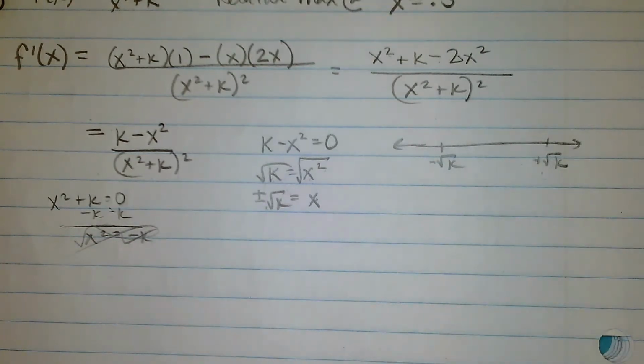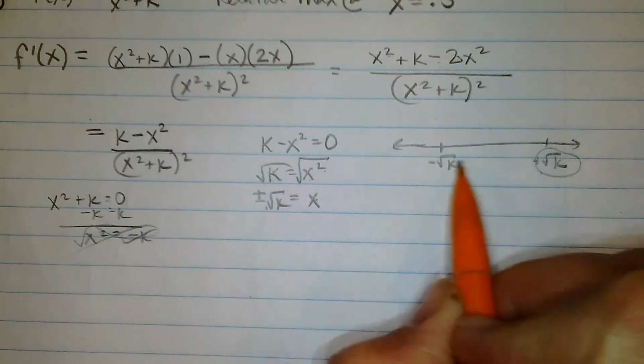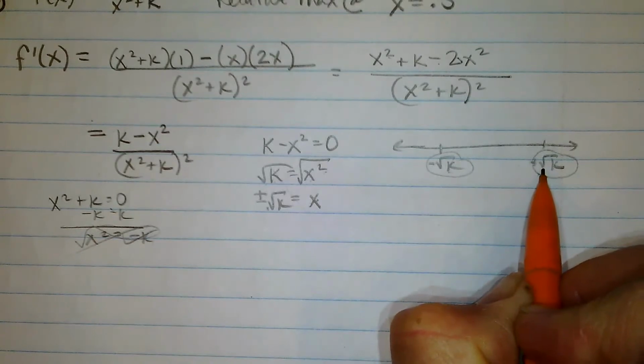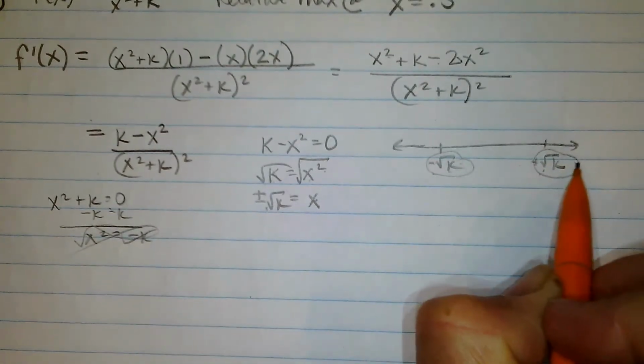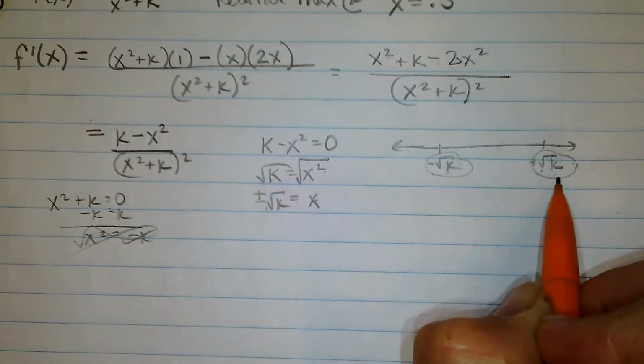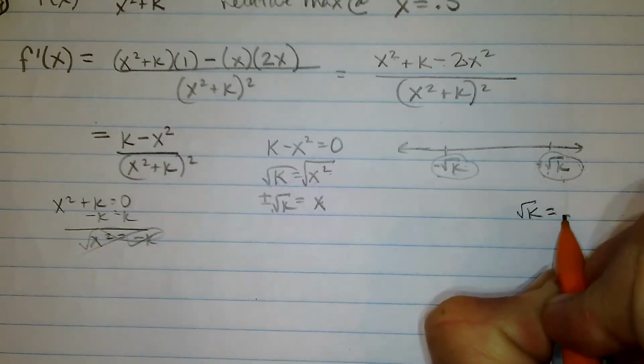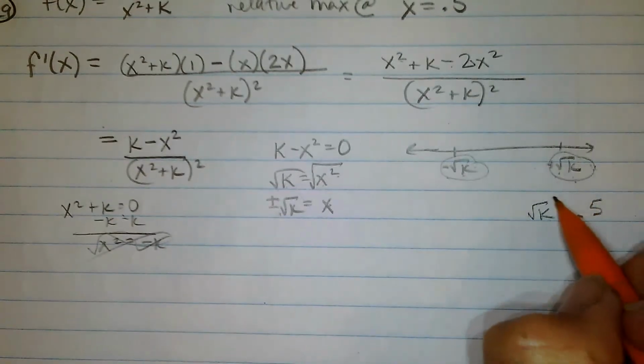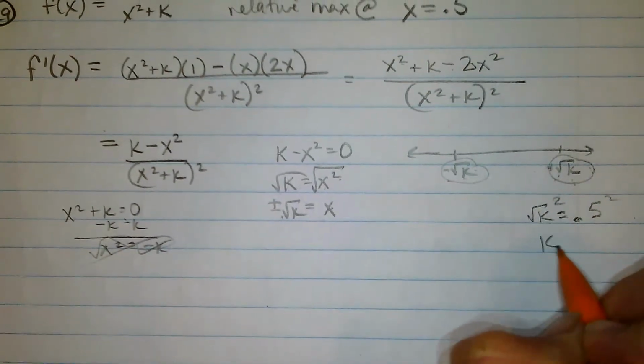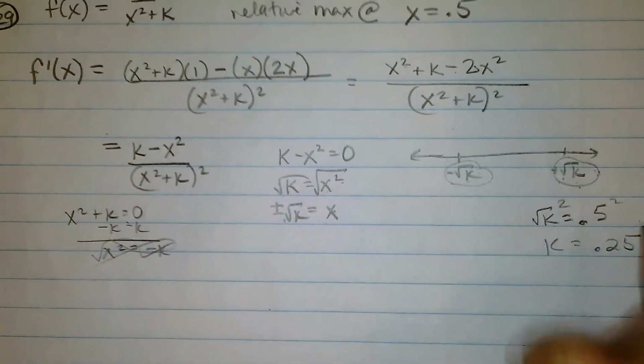So the relative maximum is either going to be here or here. So if one of these equaled 0.5, it would have to be this one if we assume k is positive. So if root k equaled 0.5 and you squared both sides, k would have to equal 0.25.